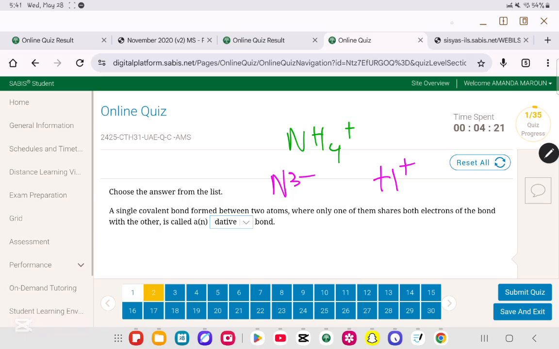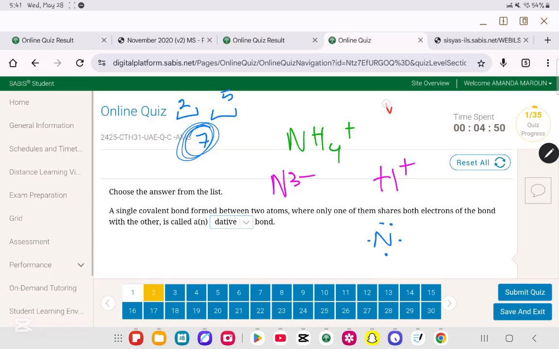So if you were to draw the electrons based on the periodic table, you would have nitrogen over here. You look in the periodic table, how many valence electrons does nitrogen have? We know that nitrogen has an atomic number of 7. If you do its electronic configuration, it's going to be 2 and 5. So it has 5 valence electrons. That means 1, 2, 3, 4, and 5.